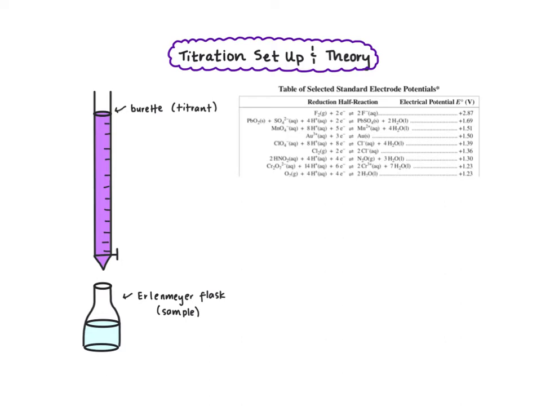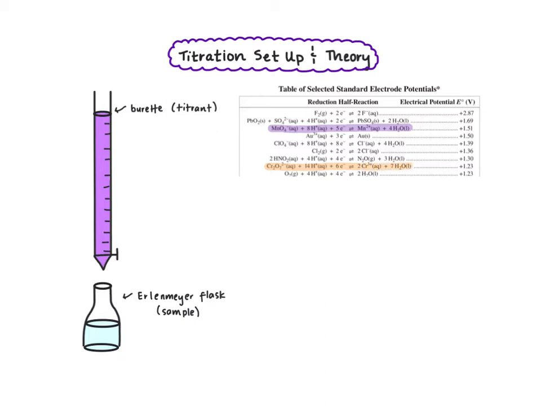So if we look on page 7 in our data booklet, right away we can see two pretty good oxidizing agents that are really colorful. So I'm going to highlight our permanganate reduction reaction and our dichromate reduction reaction.